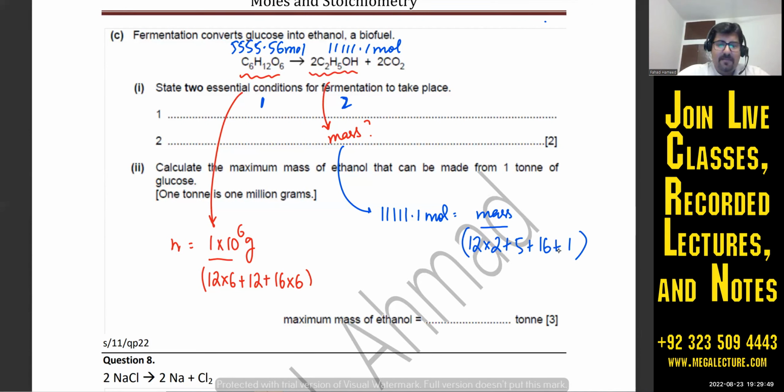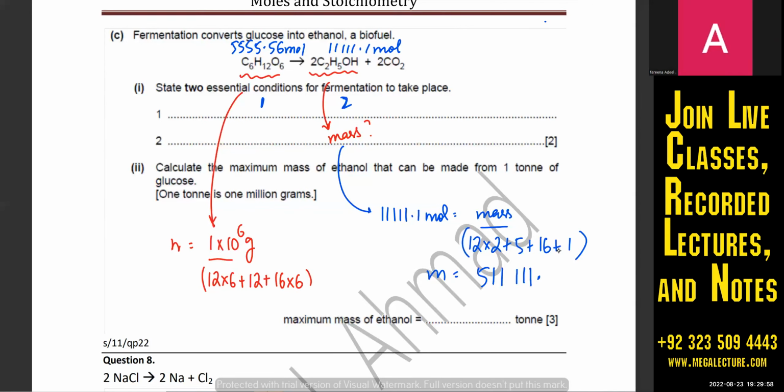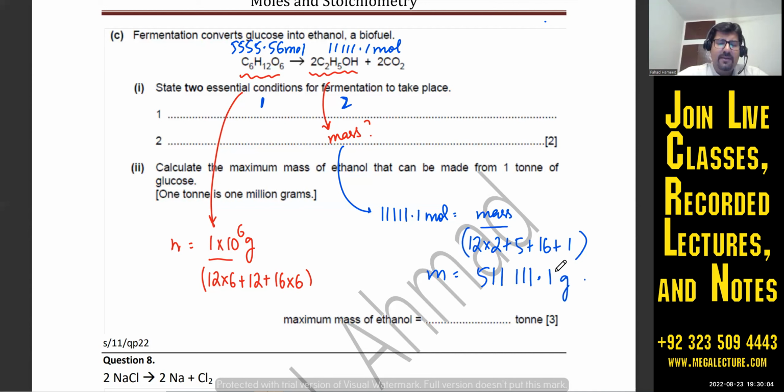So I'm getting 5.111 and then 4 times 1, 0.6. End पे खैर है वो rounding की वजह से ना, so it's fine. So you're getting this. So is that clear?